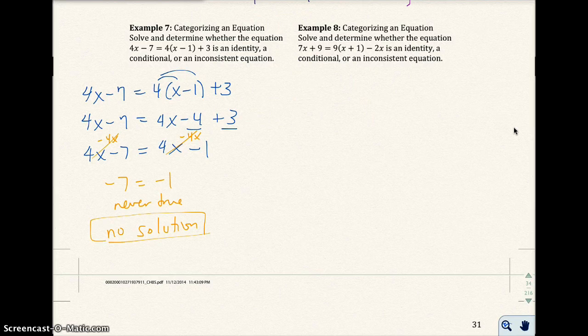This is an inconsistent equation. This means that there's nothing I can plug in for x in that equation that would make both sides equal the same thing.